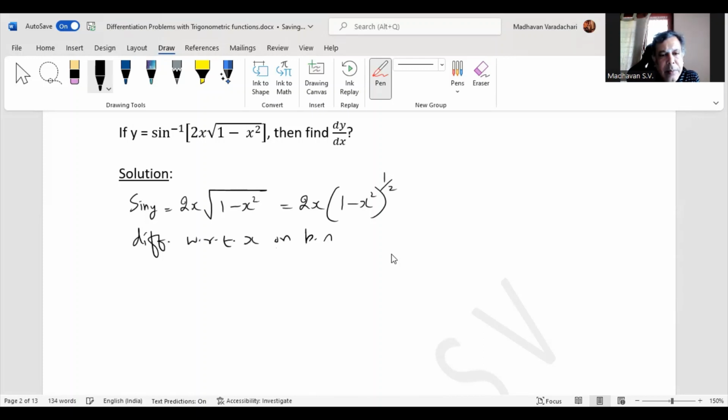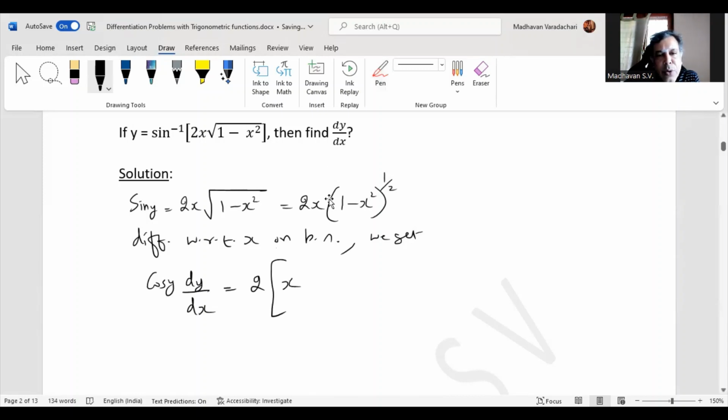on both sides, we get, if I differentiate sine y, it is cos y, but y is a function of x, so we multiply it with dy by dx. 2 is a constant, we can keep it outside. For x into 1 minus x square to the power of half, we use the uv method, where u is x and v is 1 minus x square to the power of half.